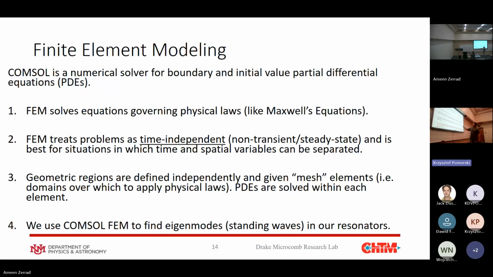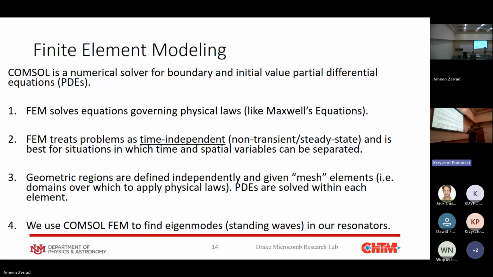So you have geometric regions which are independently defined by a given mesh element. You can almost think of a mesh like a screen door. You take the screen off of the door and wrap it around some material. Along the grids of this screen, these PDEs are solved within each element.